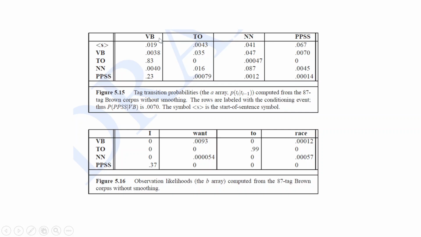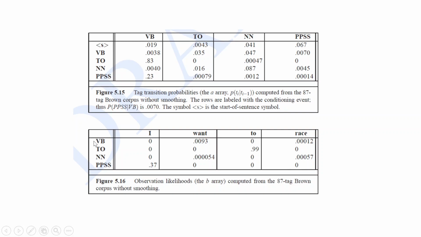So transition probabilities are here, and here we have the emission probabilities, or the observation probabilities. Here we are assuming we want to tag a sentence: I want to race. So I, want, to and race are the observations. In each state, what is the probability?